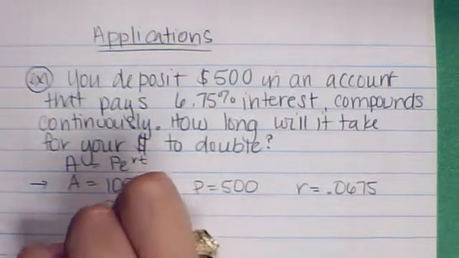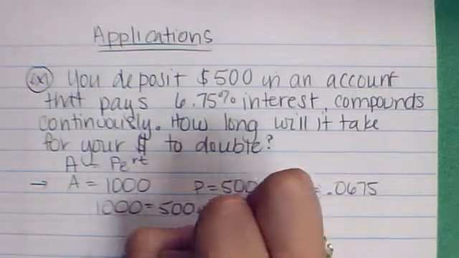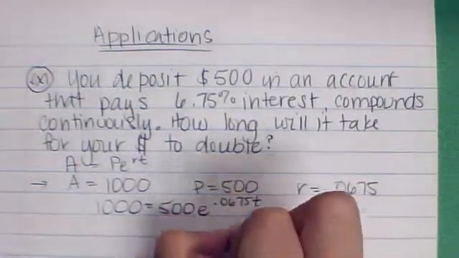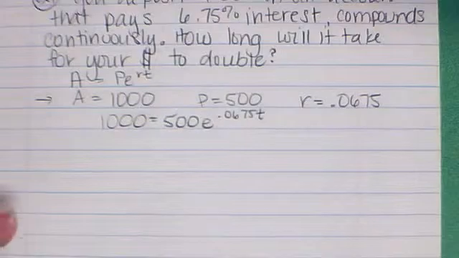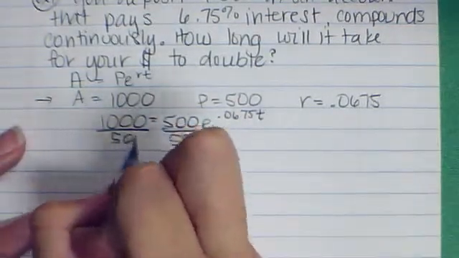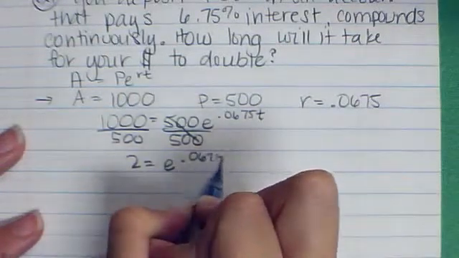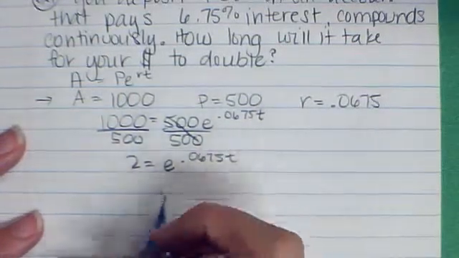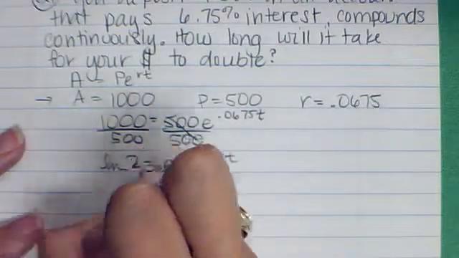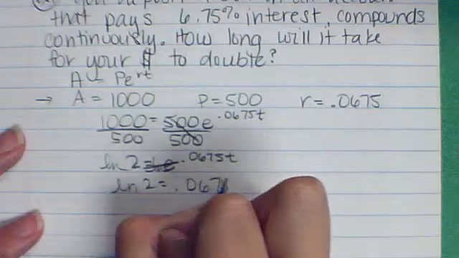So I have 1,000 equals 500 e to the 0.0675 t, where my variable is t that I want to solve for. To do that, I'm going to get the base by itself by dividing by 500. And I'll have 2 equals e to the 0.0675 t. e is by itself, so I can take the natural log of both sides. Natural log of 2 equals 0.0675 t.